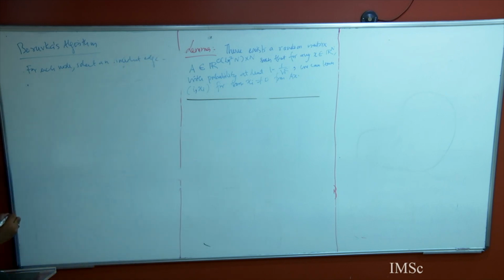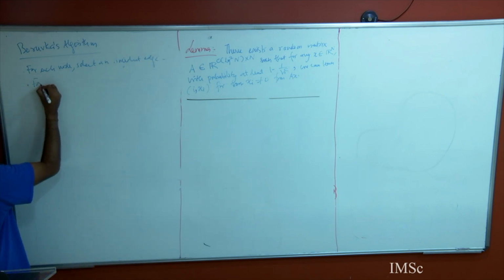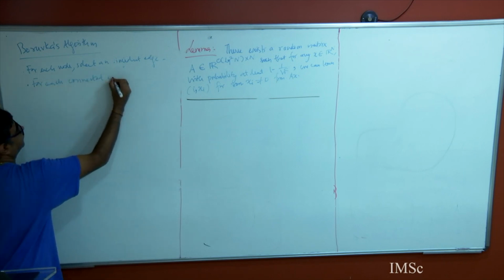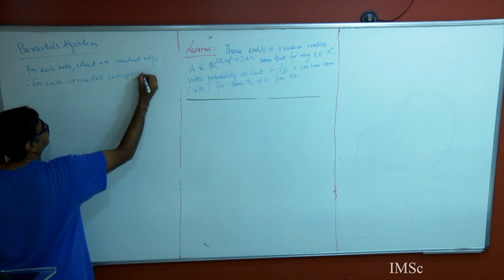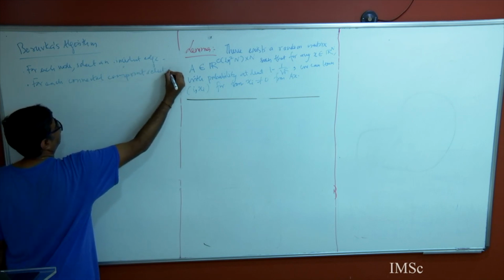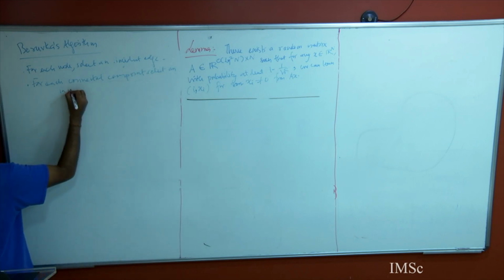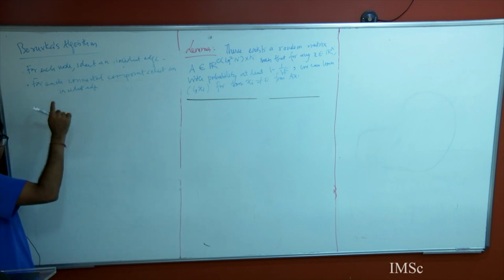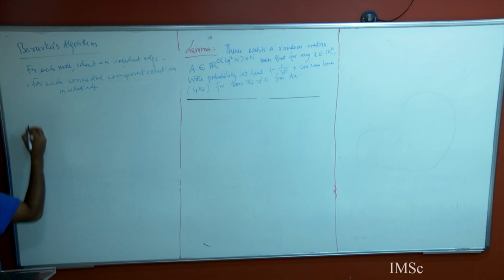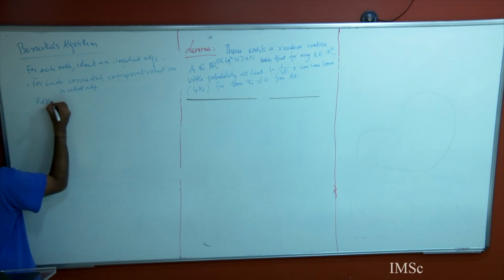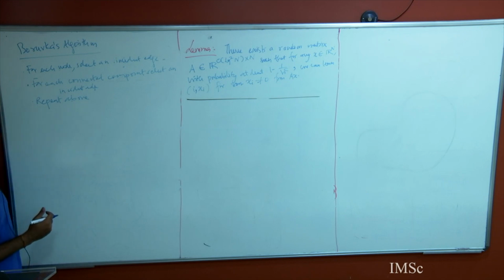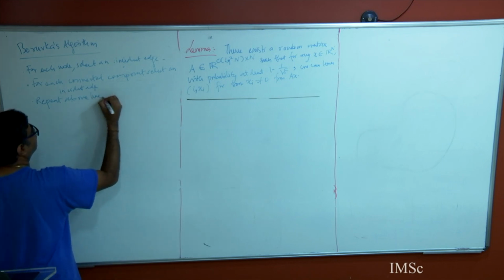And second, for each connected component, select an incident edge, with one endpoint in the component and the other endpoint outside. Repeat the above until the process terminates.